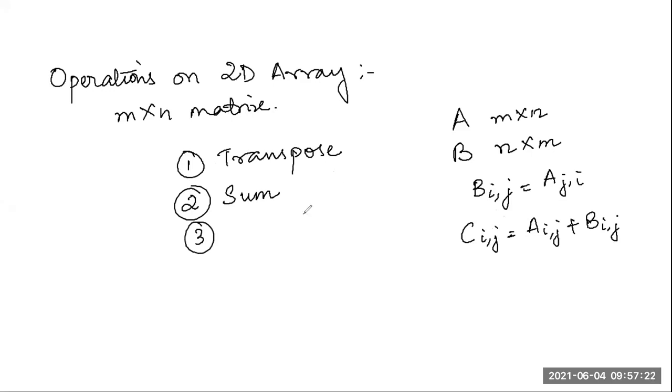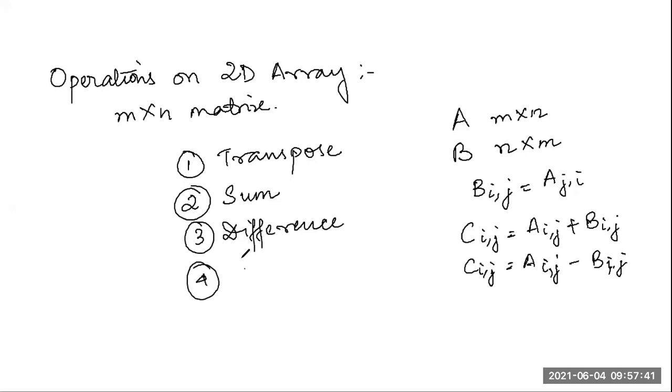Just like addition, we can do the difference, which is the same concept, just minus. And we can do the product, that is, multiplication as well. Remember that all these can be done only if the two matrices are compatible.